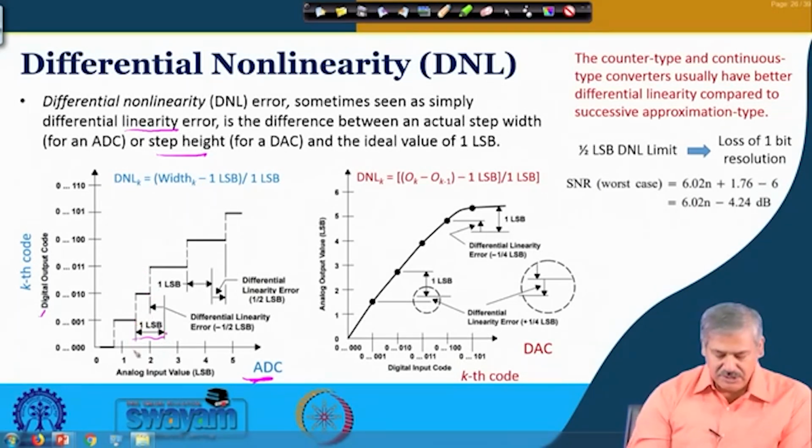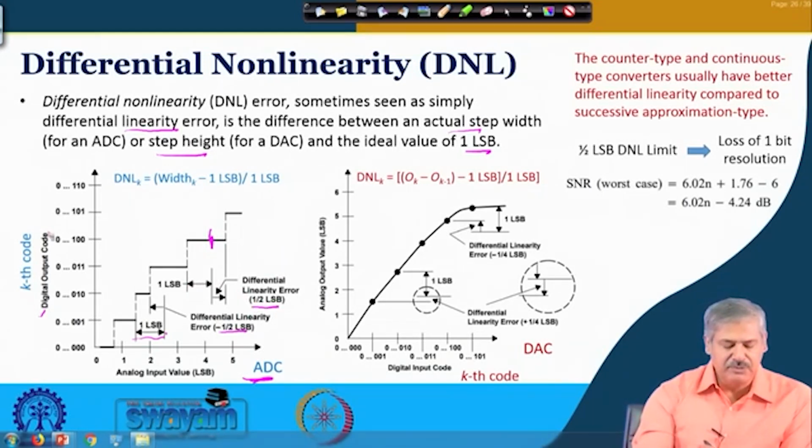So, this error is, as you can see here, minus half LSB. If you note the difference between the actual step and what 1 LSB would have given you, in this case it should have been over here, but it has gone beyond that. So, this is plus half LSB.